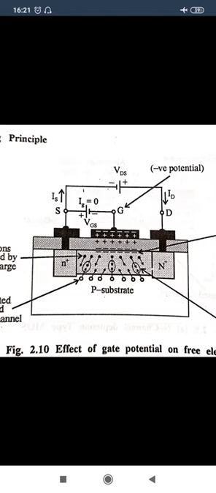When we apply more negative voltage, the channel is depleted, so electrons move away from the channel. In the P-type substrate, the majority carriers are holes, and they are attracted towards the gate terminal. So when we apply the negative voltage, the channel becomes void of electrons and attracts holes towards the gate terminal in the channel.